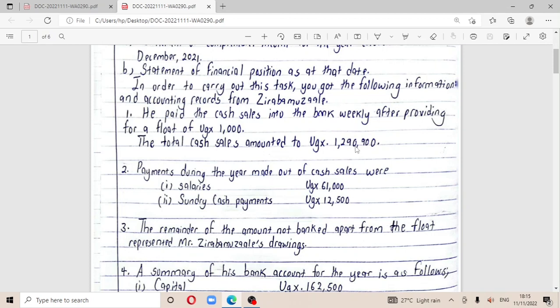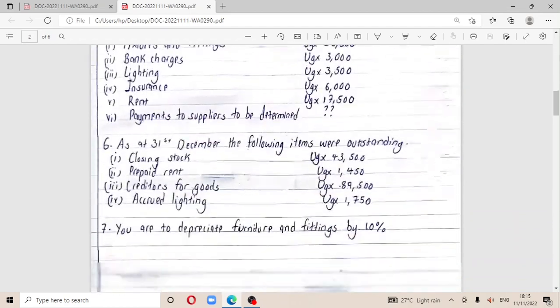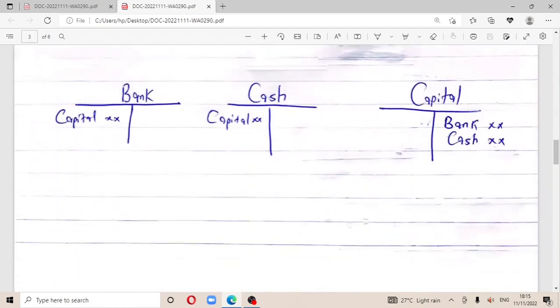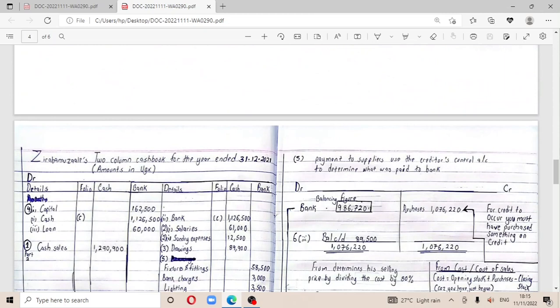So on the cash book, I'm going to come on the debit side and put there the 1,290,900. If they were cash purchases, they would appear on the credit side.